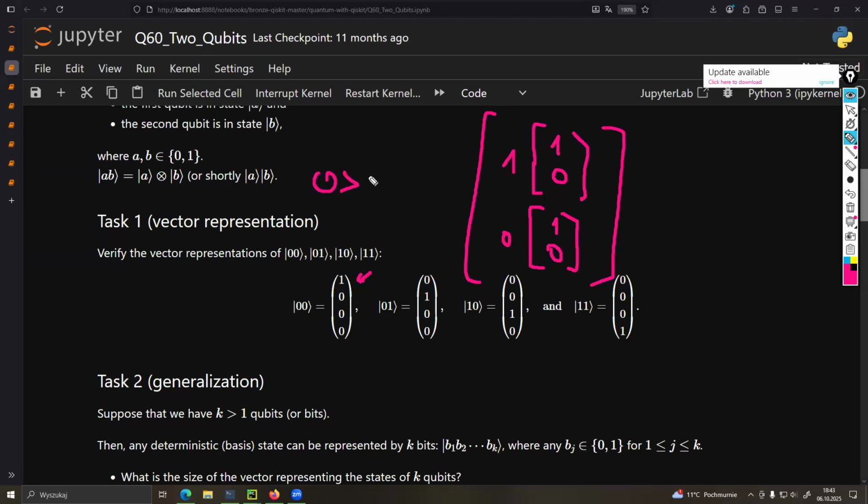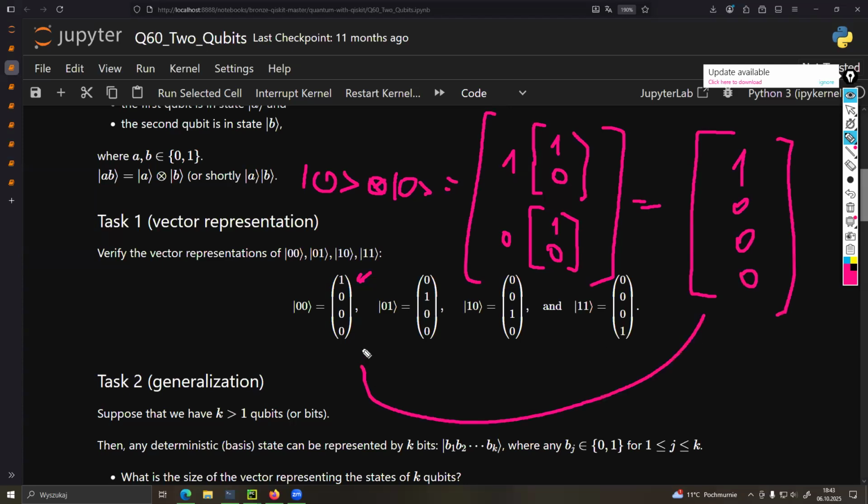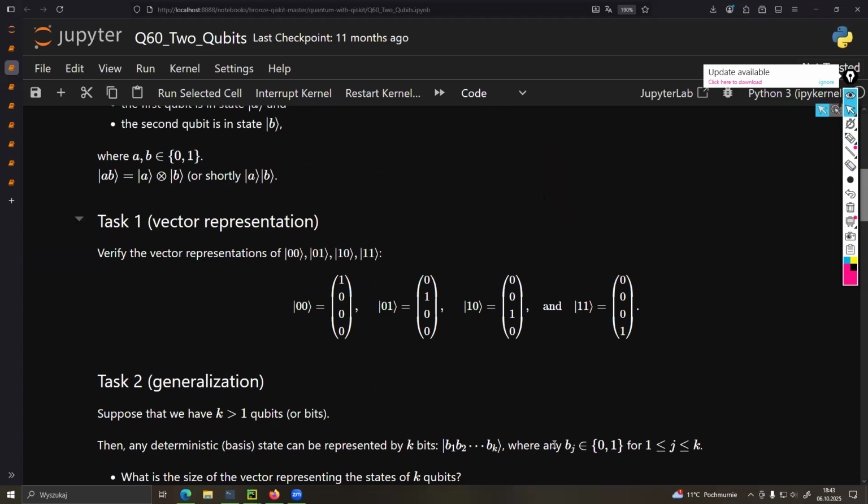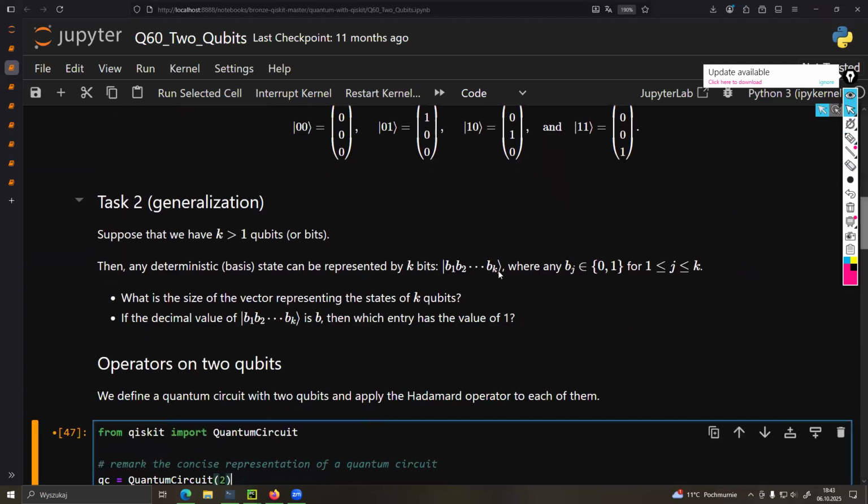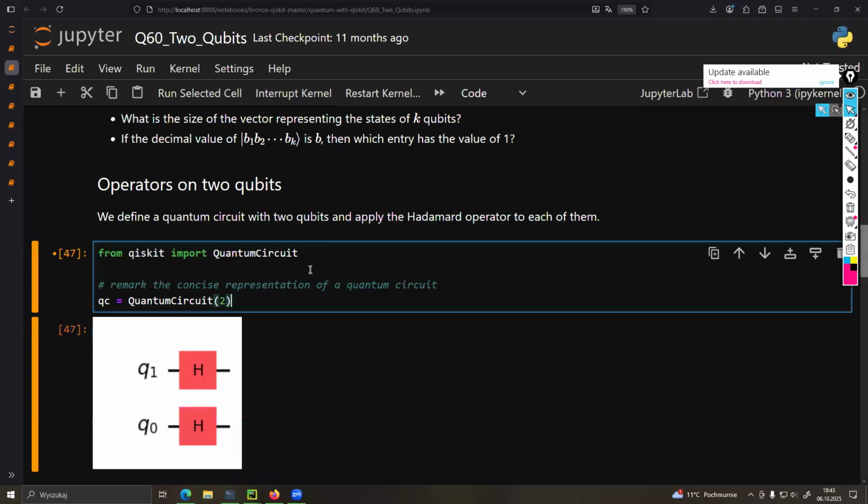The 0 tensor 0. This would be it, and we have the 1, 0, 0, 0 vector, exactly like here. And for all of the other cases, we would have the same thing. And we could go on as much as we like.